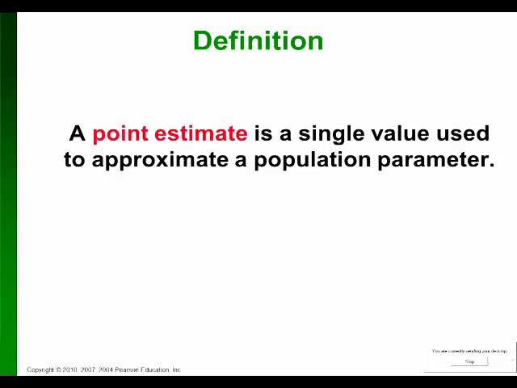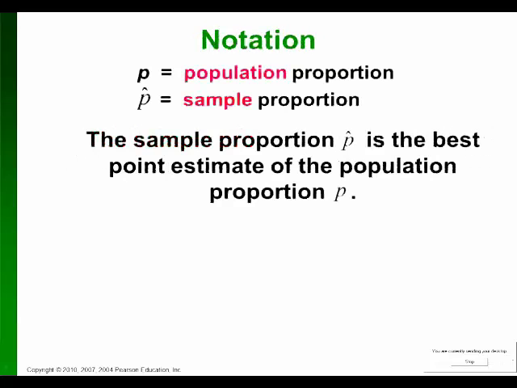Well, this is telling us the thing you use to estimate a population parameter is called a point estimate. And a sample proportion is the best point estimate to predict a population proportion. So we're going to use sample proportions to predict population proportion.